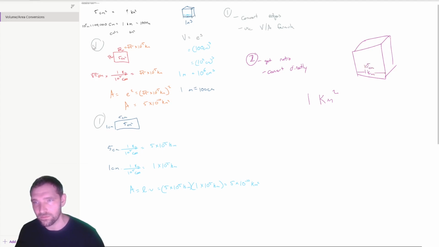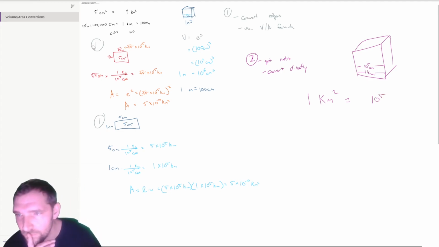And that was the 10 to the 5th number. So we've got 100,000 centimeters on each edge, right? And so you've got the 10 to the 5th number there for each edge.